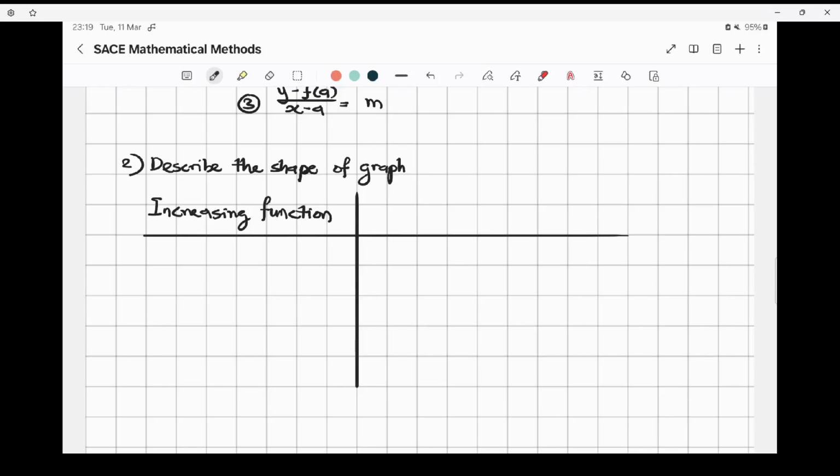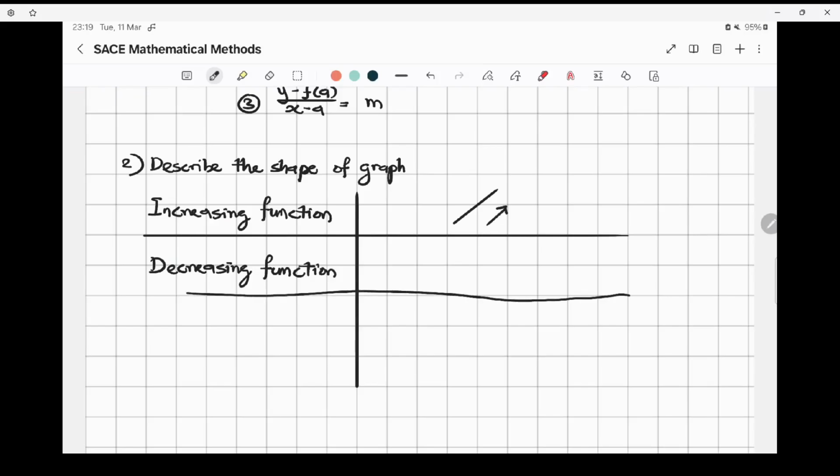So as long as you see the graph going towards this direction, this is an increasing function. Similarly, we can roughly describe what is a decreasing function. If you see your graph going downwards, that will be your decreasing function.